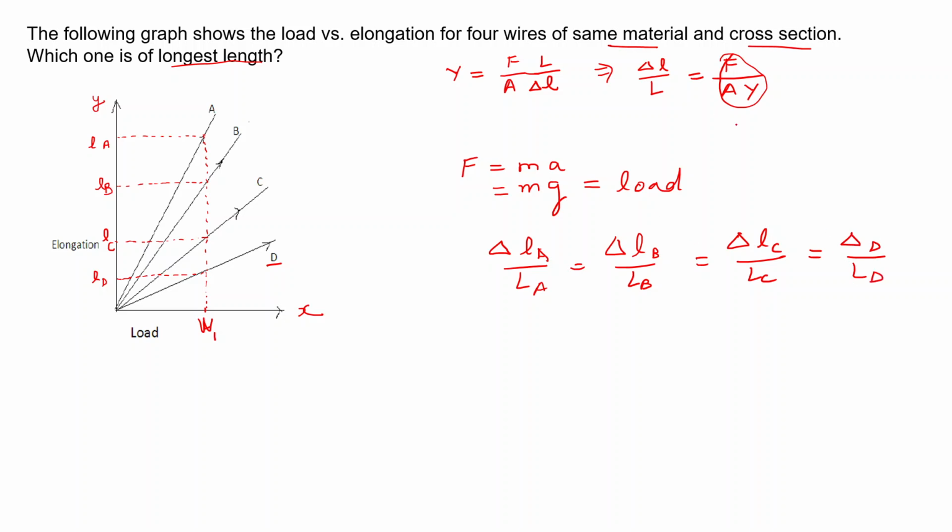So all these values are constant, that is F divided by AY. And this is a constant, meaning these are all constant.